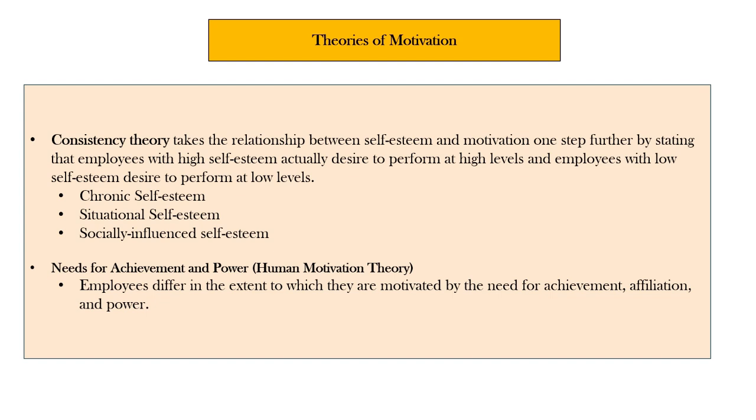Magkakaiba tayo ng level ng need. Okay? So employees who have a strong need for achievement are motivated by jobs that are challenging and over which they have some control, whereas employees who have minimal achievement needs are more satisfied when jobs involve little challenge and have a high probability of success.